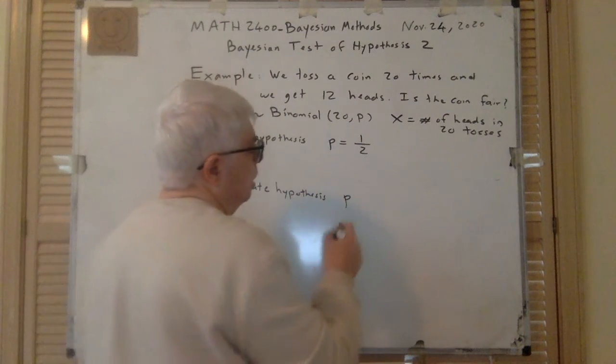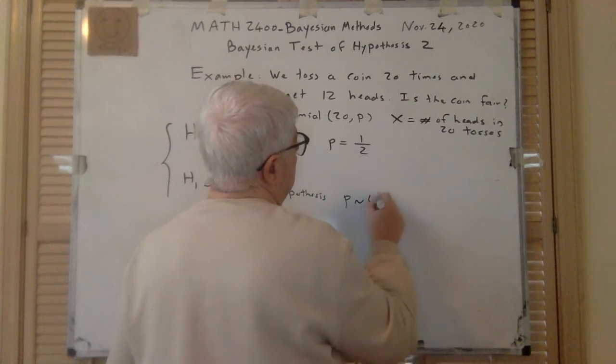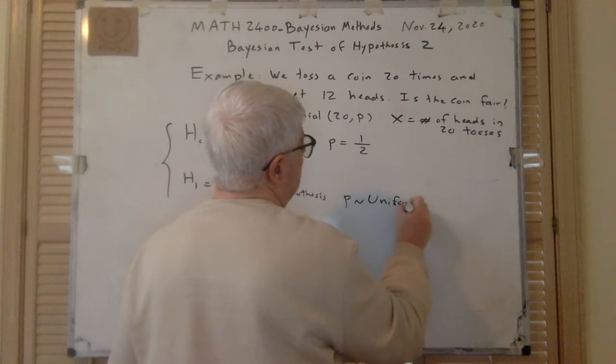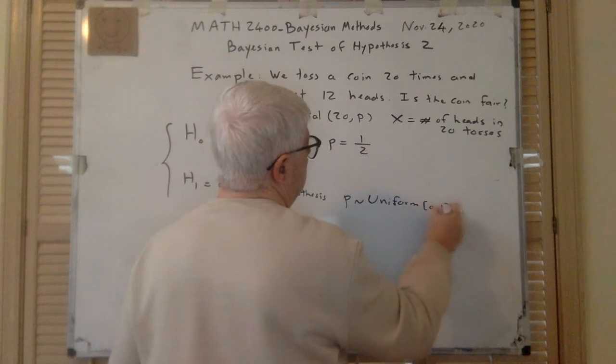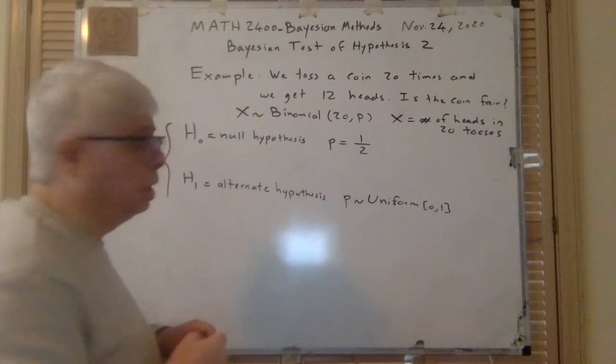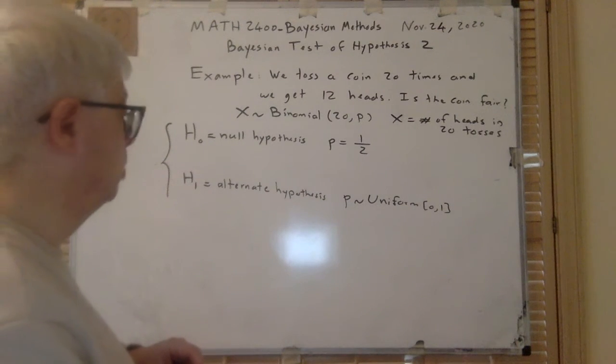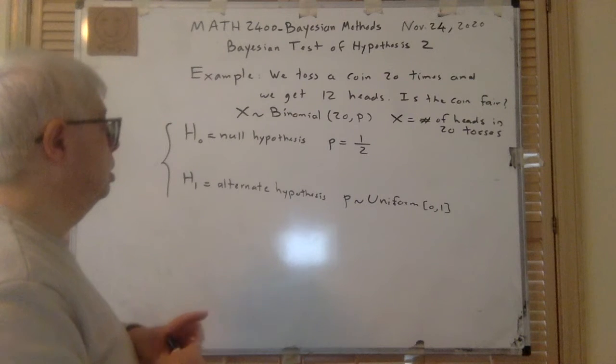So why not say that it has a uniform(0, 1) distribution? In a sense, it means that it can be any number between 0 and 1. So that is the alternate hypothesis.